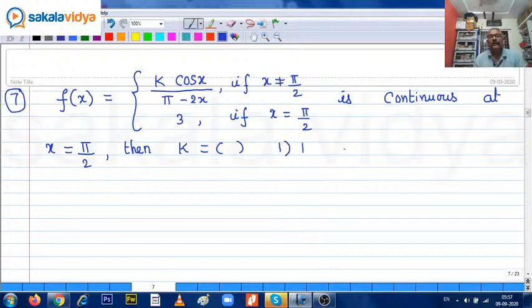First option 1, second option 4, third option 6, fourth option 8. This is the problem.